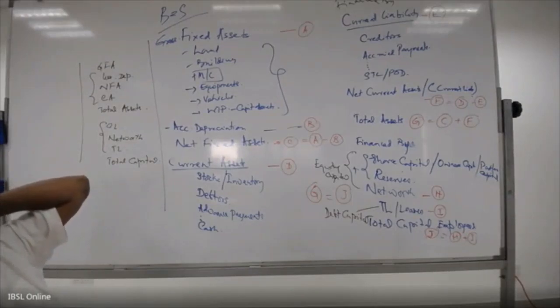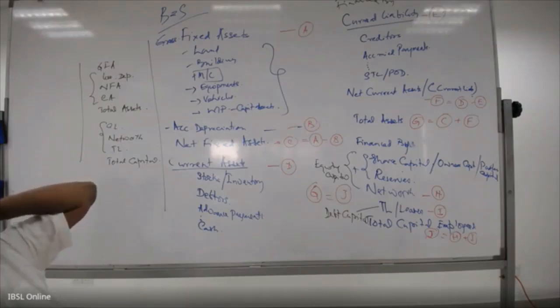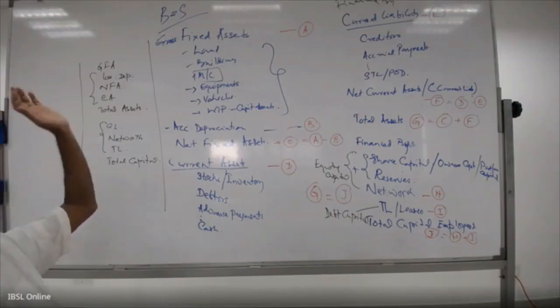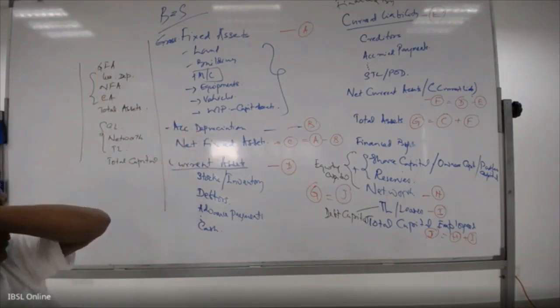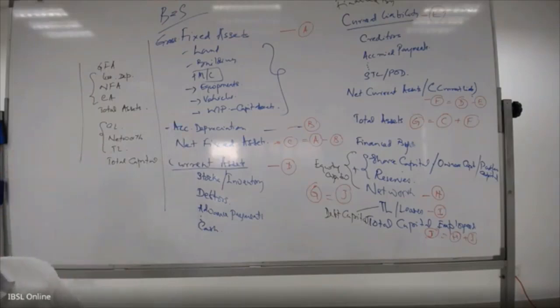We can see how efficient the management is in doing their operations, right? Whether they are risk takers or very conservative people, or whether they identify the opportunities in the market. All those things we can discuss by just looking at the P&L and the balance sheet, if we have a proper P&L and balance sheet.